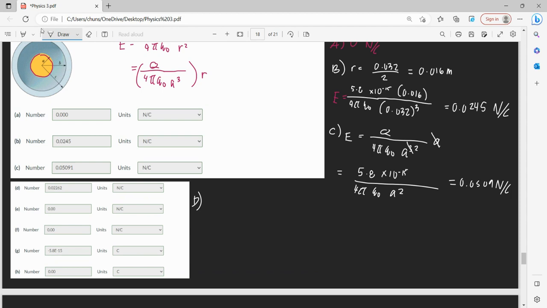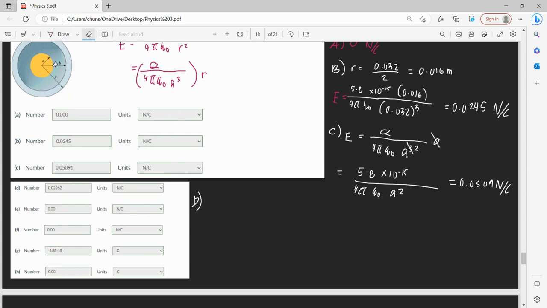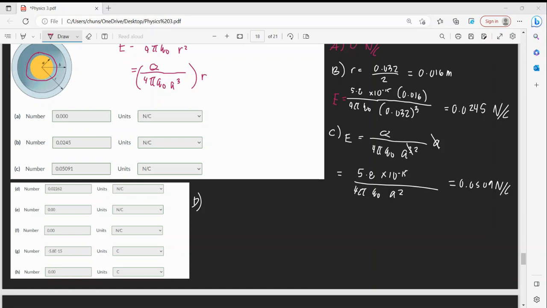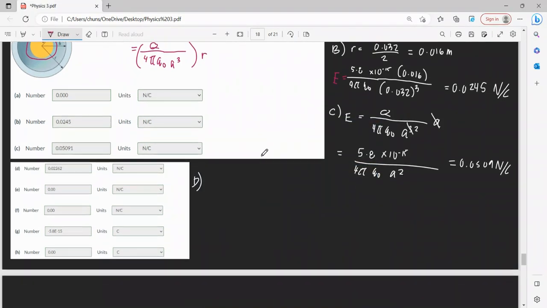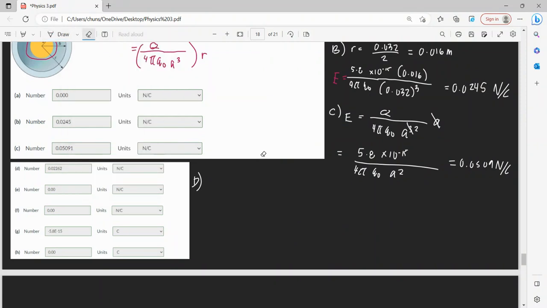Part D, so we already did a little bit of our part for that. We know that we are measuring outside of A, but we are less than B. So for part D, the electric field is only going to be enclosing Q1 again.